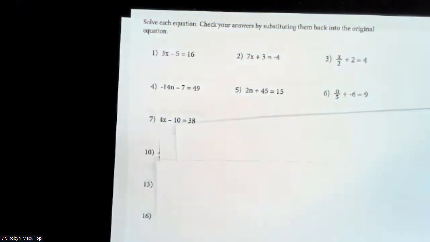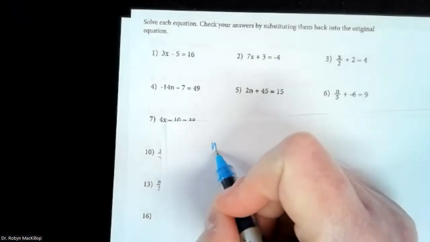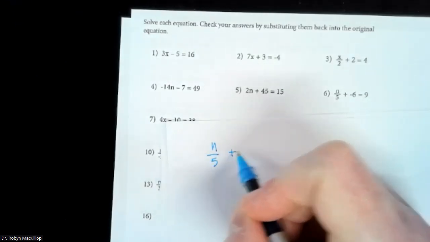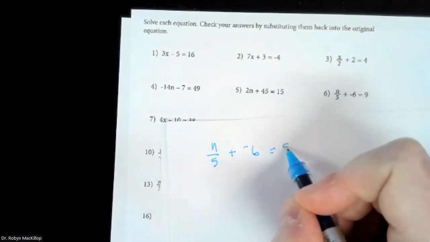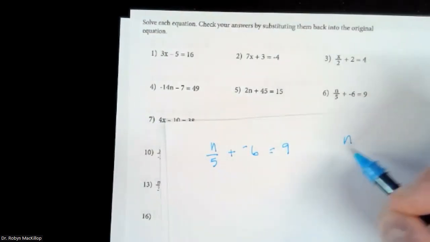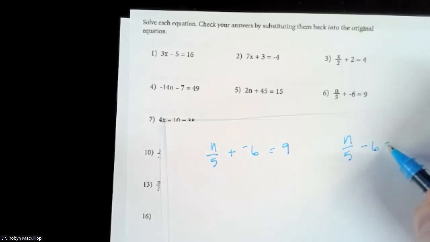Let's do number 6, which is n over 5 plus negative 6 equals 9. This can also be written as n over 5 minus 6 equals 9.